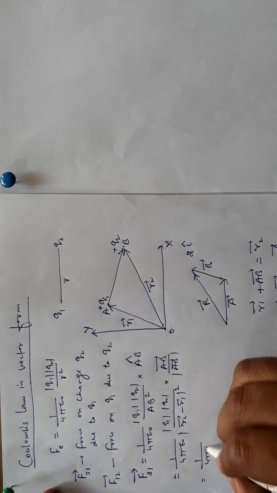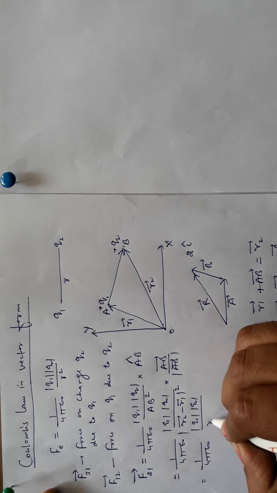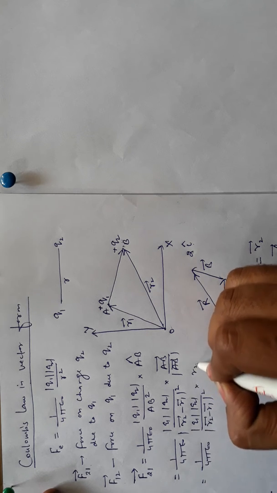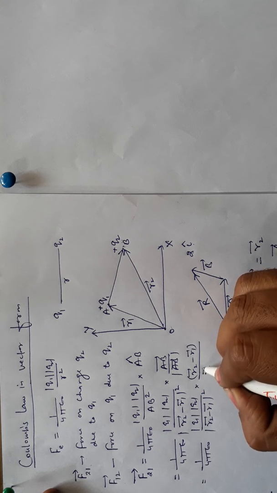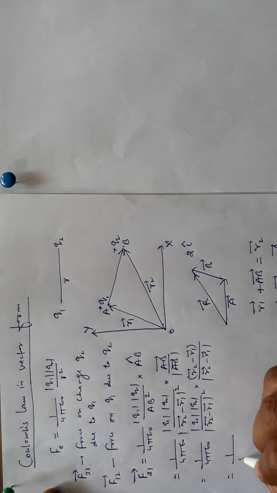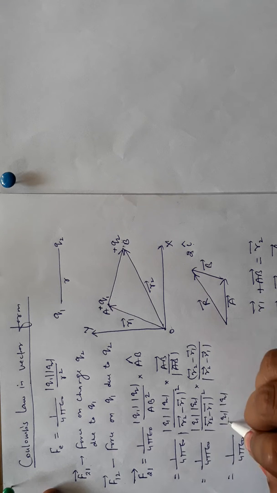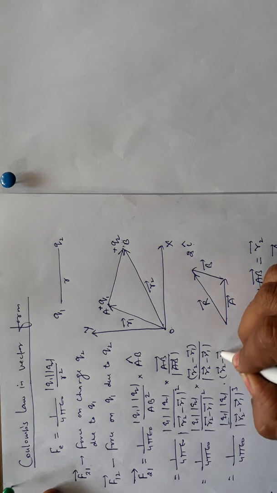So we can write 1 by 4 pi epsilon naught mod q1 mod q2 upon R2 minus R1 square, and this becomes R2 minus R1 upon the magnitude of R2 minus R1. So finally we can write this q1 mod q2 upon R2 minus R1 whole cube, and this is R2 minus R1.